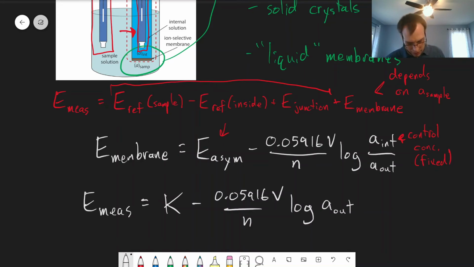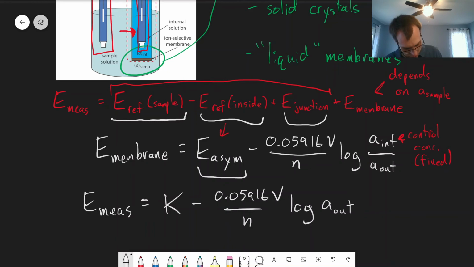Because everything else is fixed, we can lump this term here, the reference electrode, the other reference electrode, the junction potential, this E asymmetric, as well as the internal activity, all of that together into this constant K. We can't necessarily know what that's going to be in advance, but it's something we can calibrate. It should be constant, and so it just ends up being the y-intercept on our calibration curve.